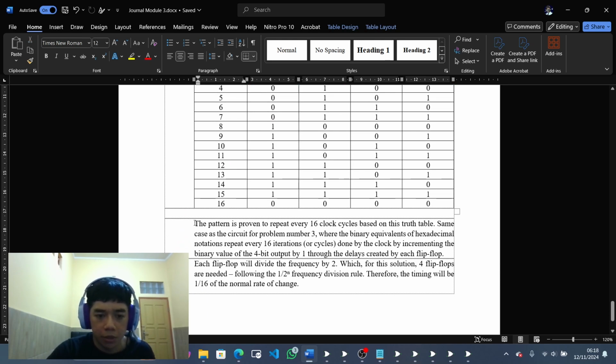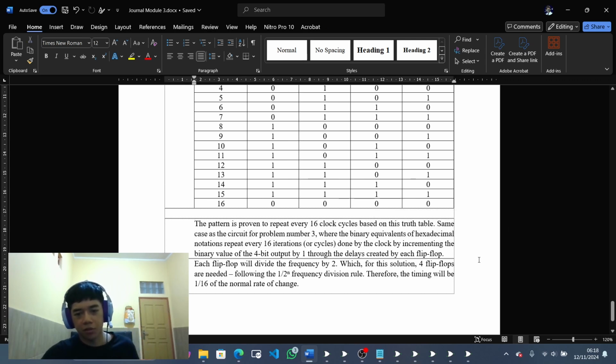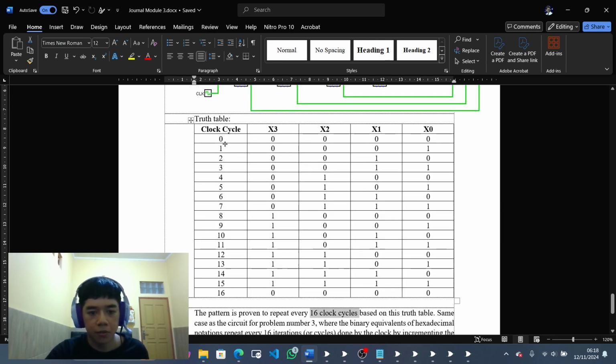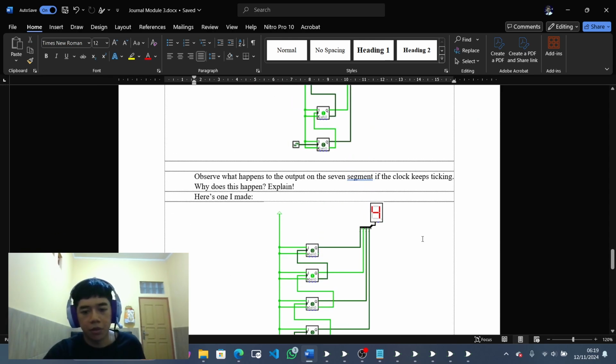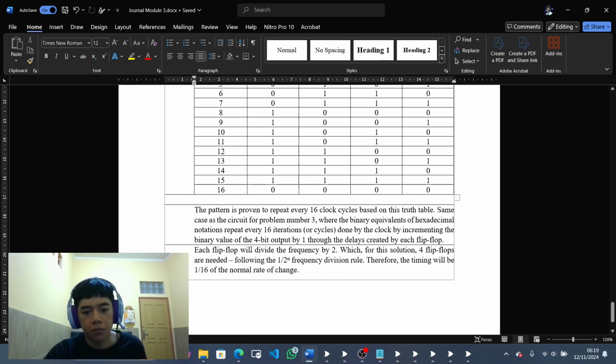So I already explained here, the pattern is proven to repeat every 16 clock cycles. 16 clock cycles means 0 to 15, all right? Based on this truth table. Same case as the circuit for problem number 3, right here, where the binary equivalents of hexadecimal notations repeat every 16 iterations, okay?